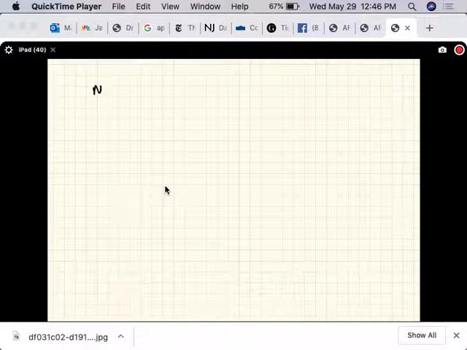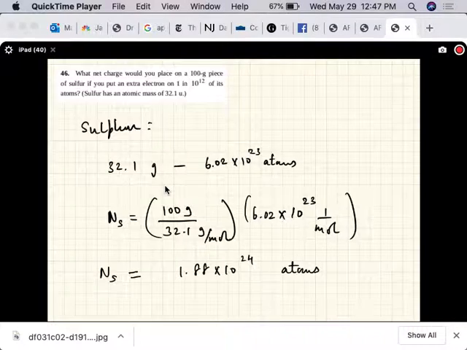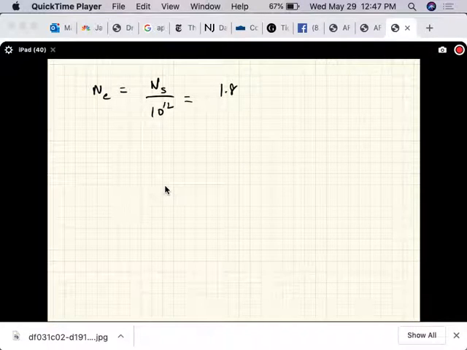So the number of electrons you're going to put is the number of sulfur atoms divided by the trillion, since on every trillionth sulfur atom you're going to put an electron. Okay. So this is equal to 1.88 times 10 to the 24 divided by 10 to the 12.